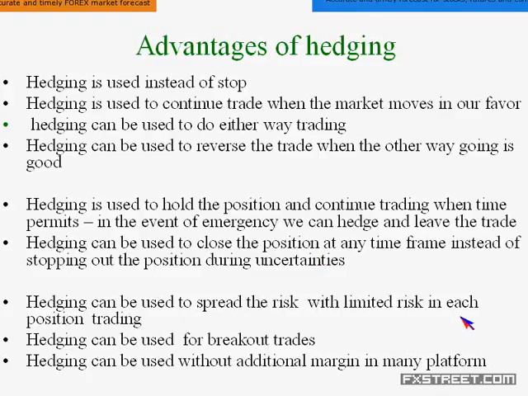Hedging can be used to spread the risk with limited risk in each position. So suppose you want to do the averaging. In each position, try to keep the hedging order, so that you spread the risk of about 100 to 150 pips on the downside. When they are dropping, you buy, and still it is hedged.